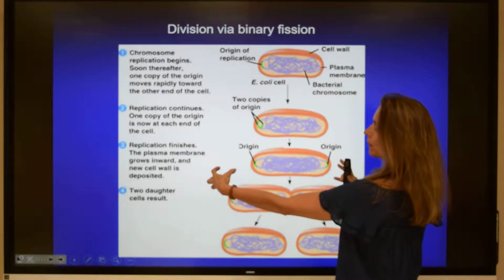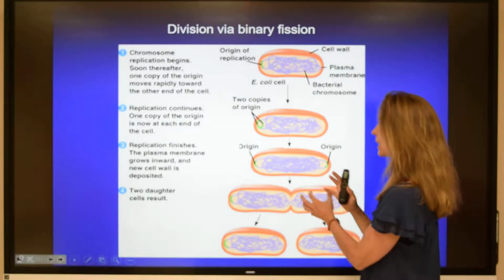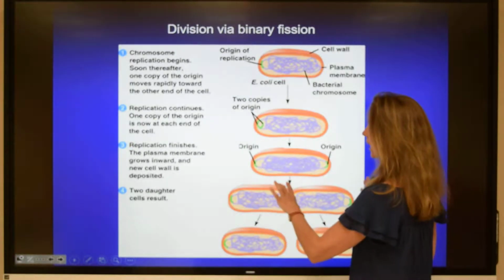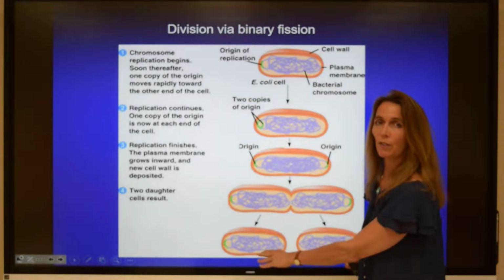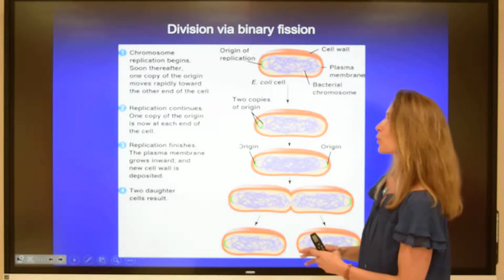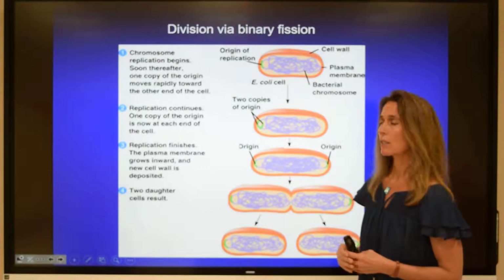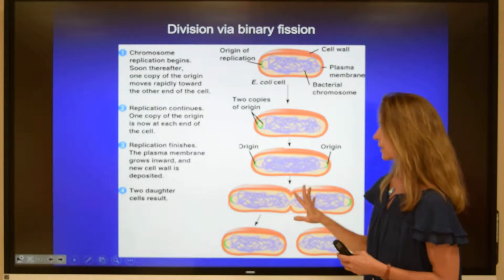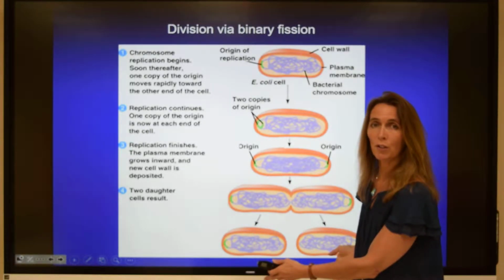So you have one copy on one side and the other copy on the other side, and then the cell elongates and cleaves in the middle, and you have two daughter cells. This is named binary fission. So you have one mother cell, the genome is duplicated, the cell elongates and is cleaved off in the middle, and you have two identical daughter cells.